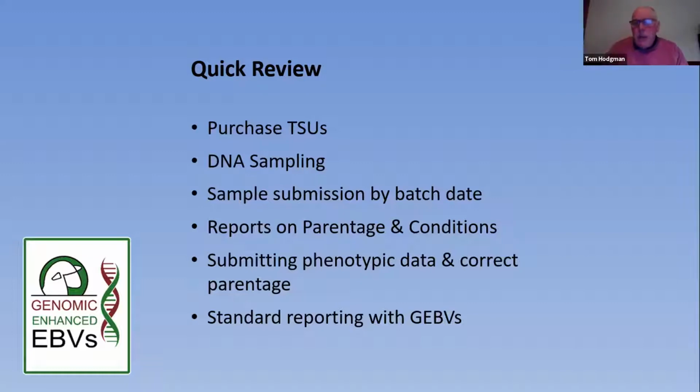But as you heard last Tuesday, everybody's going to be responsible for purchasing their own TSUs from whatever vendor you choose. As you are probably aware, each TSU is going to cost you a little over $2. Each animal, or each sample, is going to require its own TSU. It's a self-contained little unit.